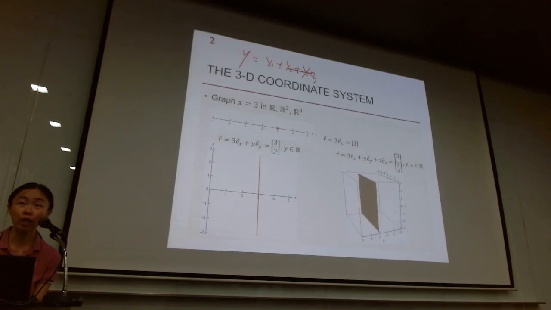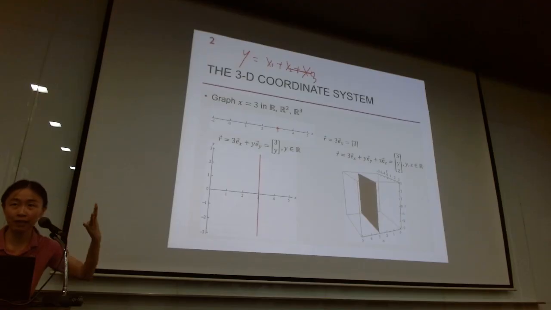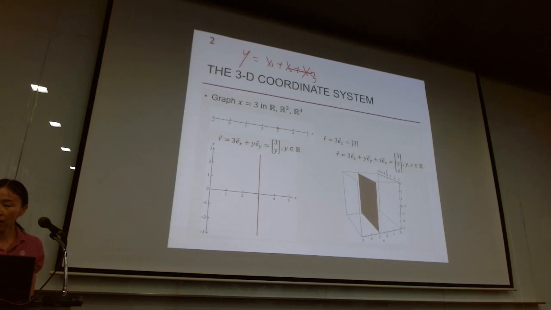So how many variables here? 4. So you need 4-dimensional space to show the relationship. Okay. Then the other one, why do we have to learn hyperplane?